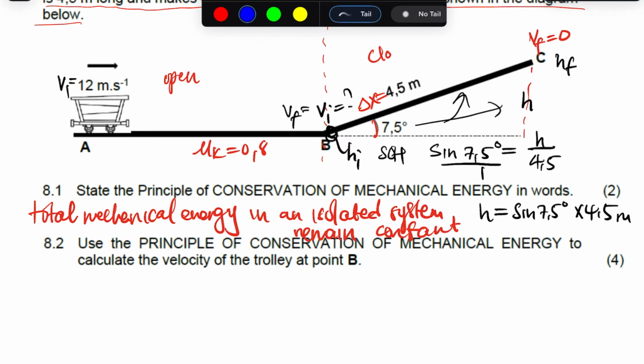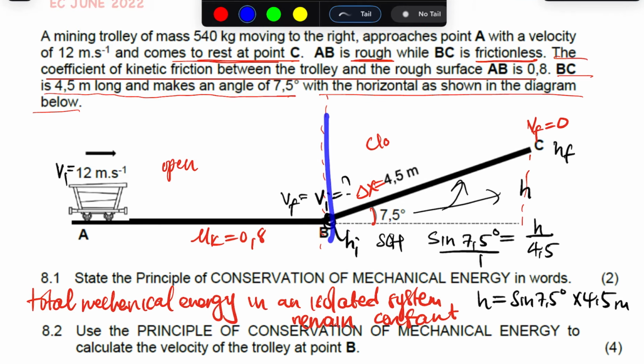So it won't help us to use this system or this track to get this. The easy way to calculate that velocity is to use this track, because we want this velocity, which is the initial, and we'll use the final velocity there.